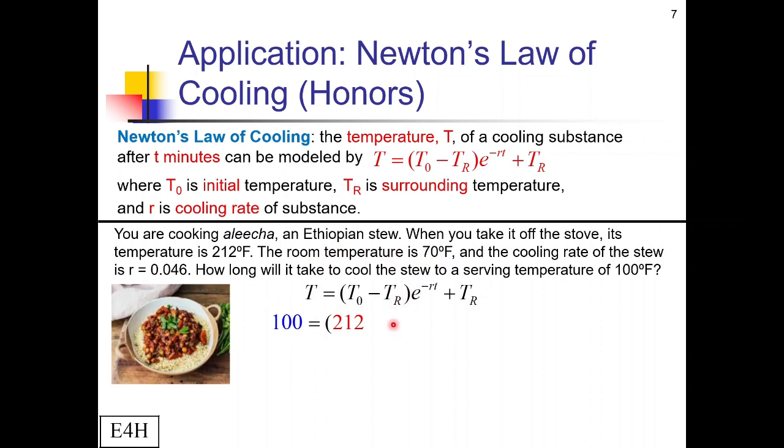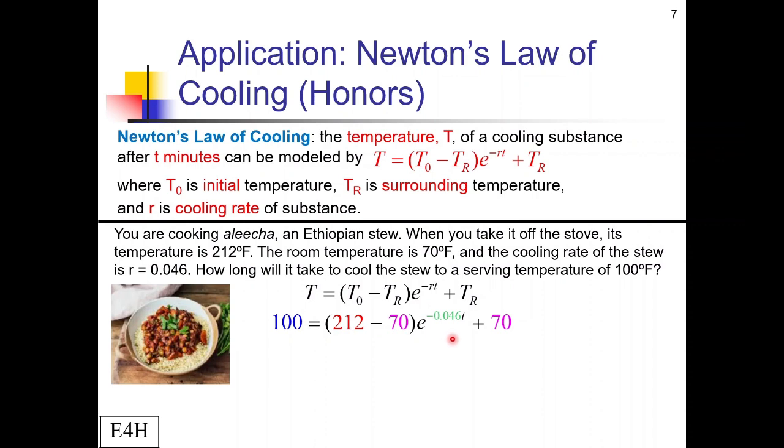I don't know. So we got minus 70 there. And r is already kind of spelled out for us. So we have e to the negative 0.046 t, plus we've got the room temperature again of 70. So this is what we should be working with when we solve things. We're going to be solving for this little t. This is just kind of an exponential equation on steroids or possibly alicha.